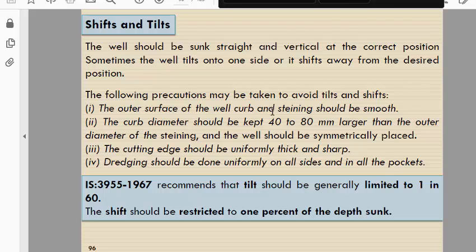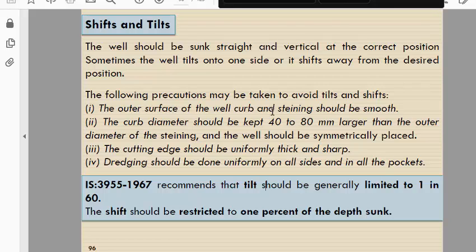Sometimes we require some machinery, some loads and cranes to pull the well and properly sink it into the soil. Why do we not allow any tilt in the structure? Because if there is some tilt or shift, your load is not properly distributed into the soil.